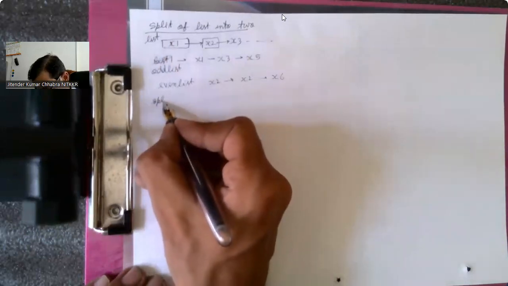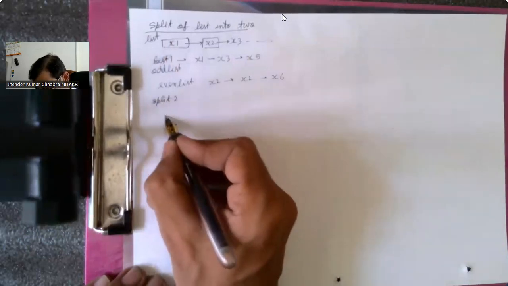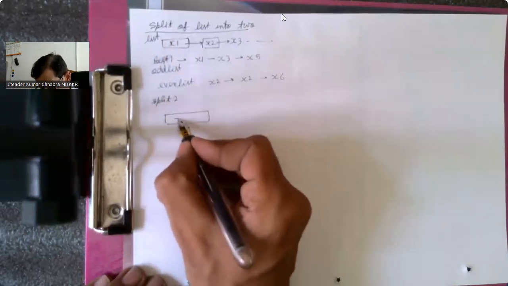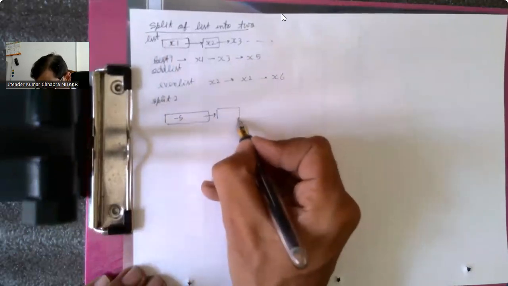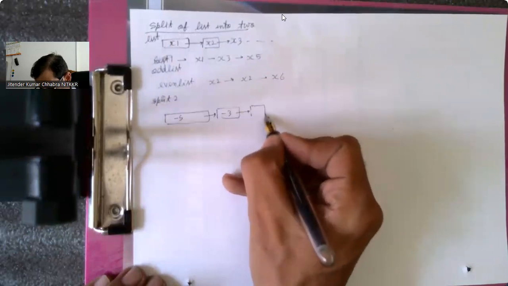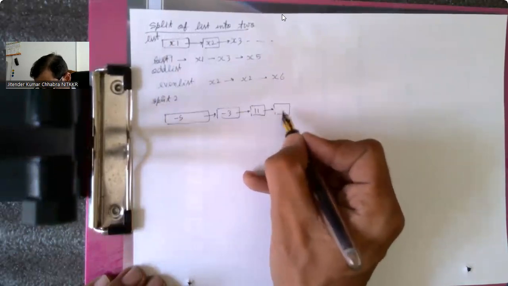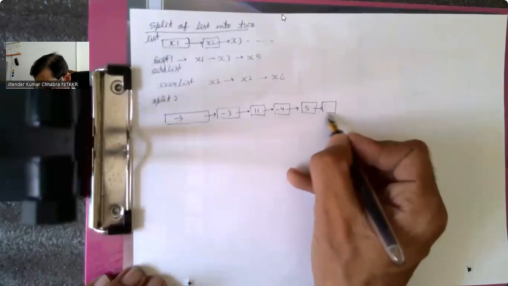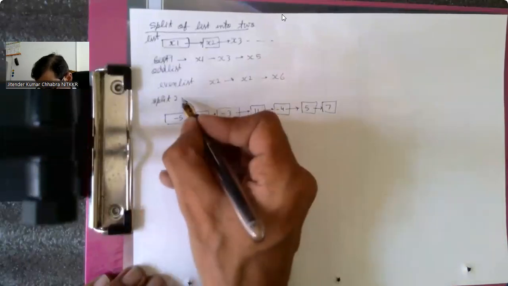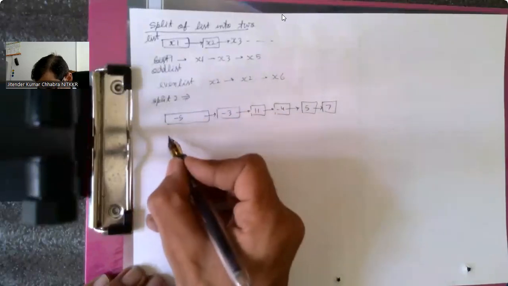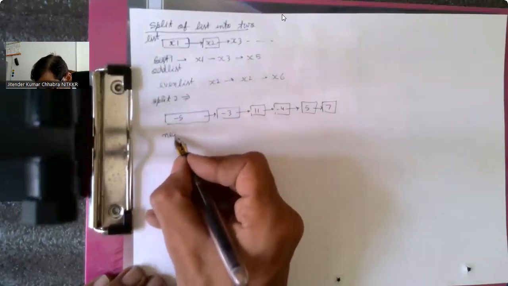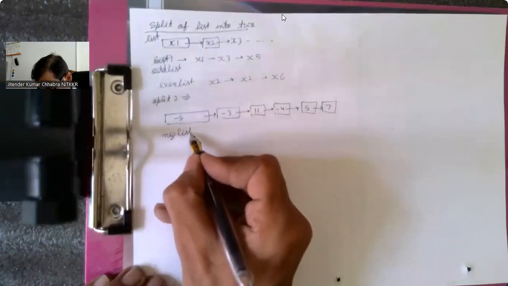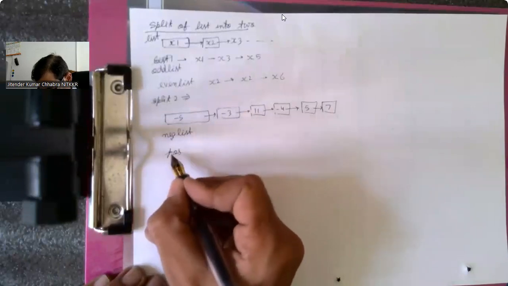Other split. For example, my list has some negative and positive numbers, -5, -3, 11, -4, 5, 7, and so on. And I say split. Negative list to be separate, positive list to be separate.